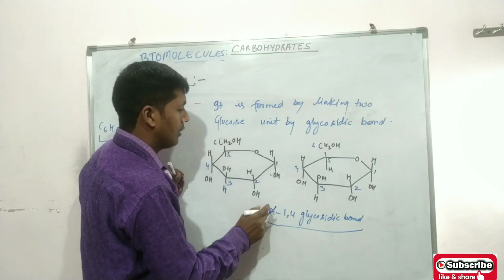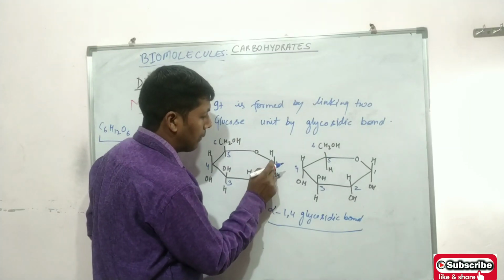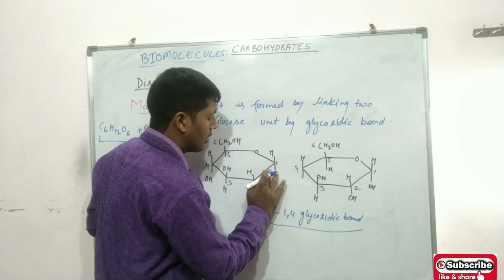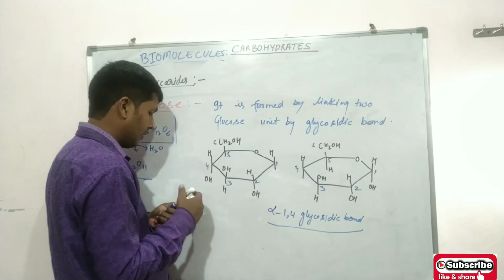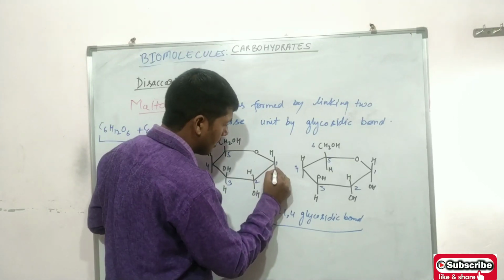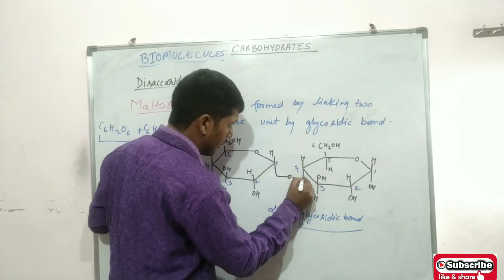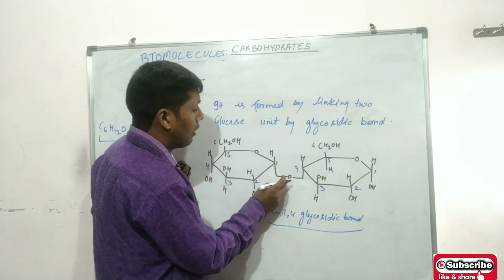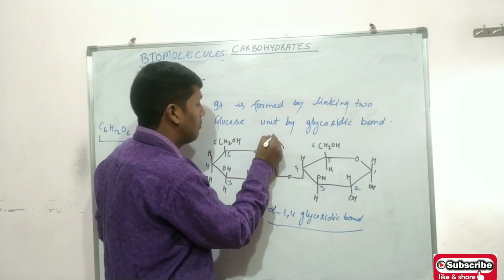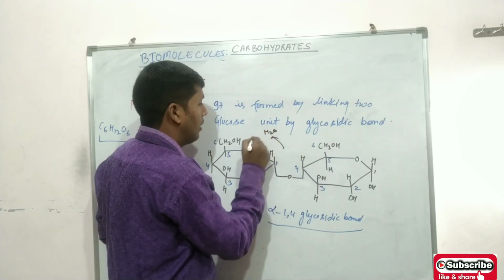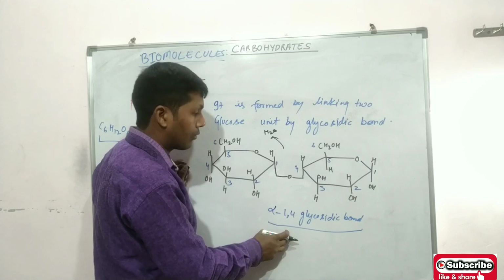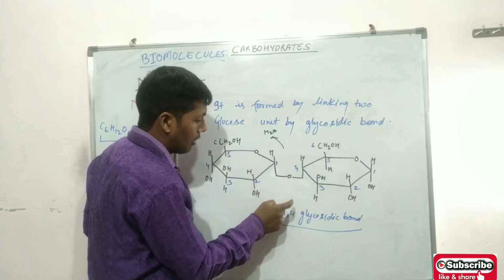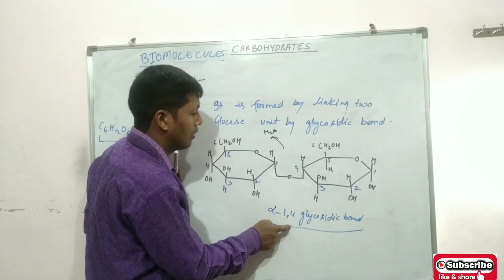Carbon number 1 and carbon number 4, both hydroxyls combine with each other, and one water molecule is removed during the formation of the glycosidic bond. This is alpha 1,4.